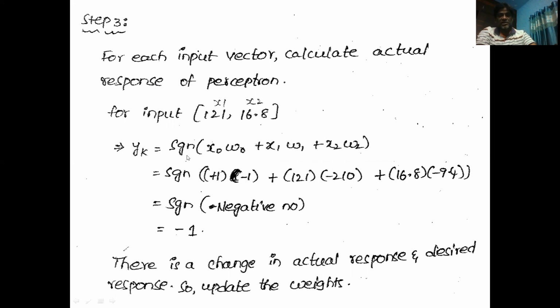Now, if you calculate it according to the previous updated weights, it gives minus 1. The desired response is plus 1, but the actual value produced by the neuron is minus 1. There is a difference between desired response and actual response. So we'll update the weights by using the same formula.